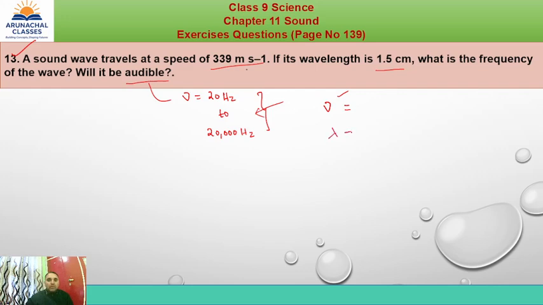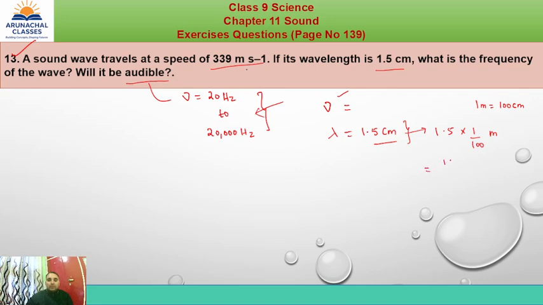Wavelength is given as 1.5 centimeter. We need to convert this centimeter into meter. So we know that 1 meter is 100 centimeter. So for conversion of centimeter to meter, 1.5 is multiplied with 1 upon 100, so this value will be in meter.